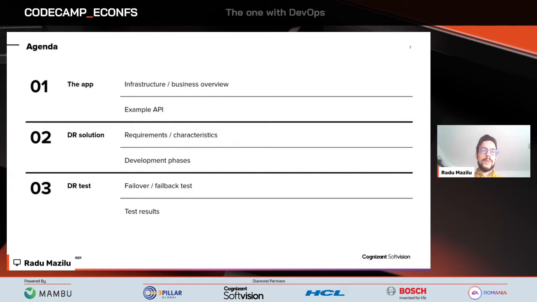In order to be able to handle the scenario where one data center or one region goes down, you need to have resources deployed or at least ready to deploy in a second data center or region. What this usually means is that you have two big scenarios.